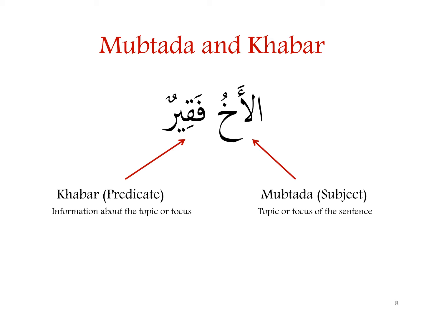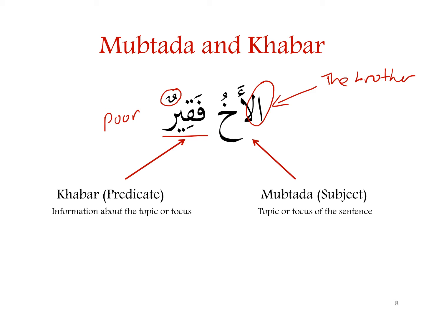Al-akhu faqirun. So al-akhu means the brother. We can see that it's definite due to the alif lam. Faqirun, the khabar, is indefinite and it means poor.